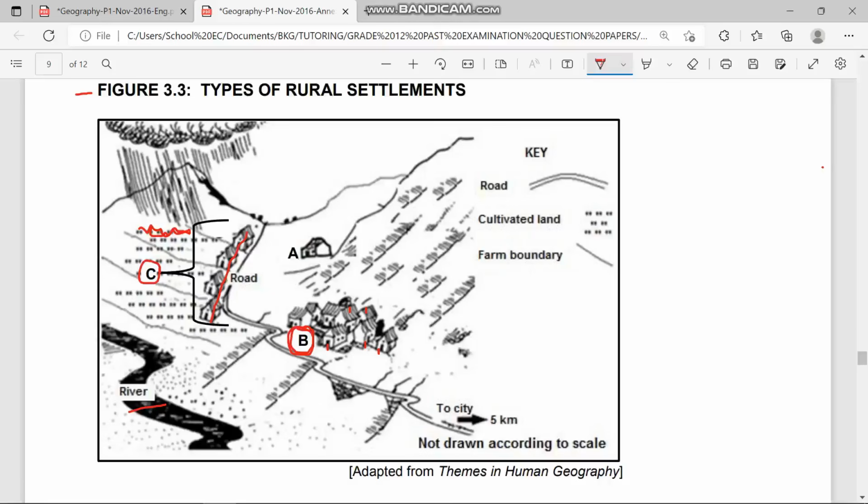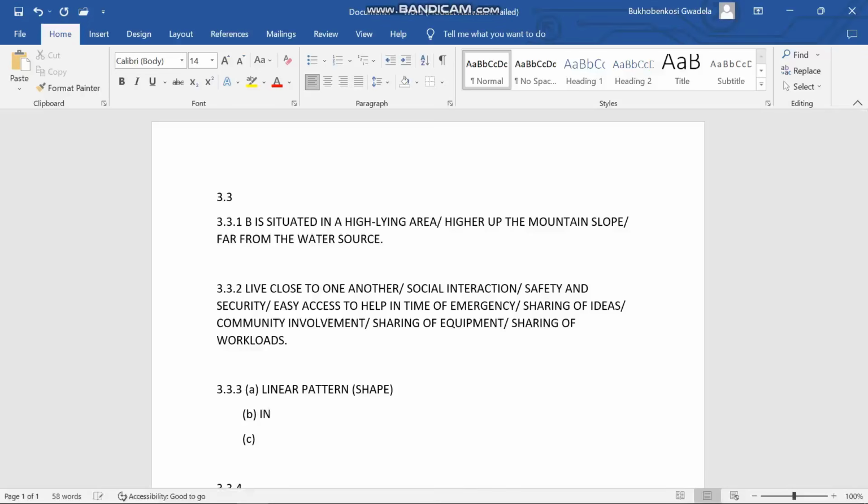So in answering that question, you can say individual farmers need access to roads so that they can transport their raw materials, their crops etc., to be manufactured in the city.